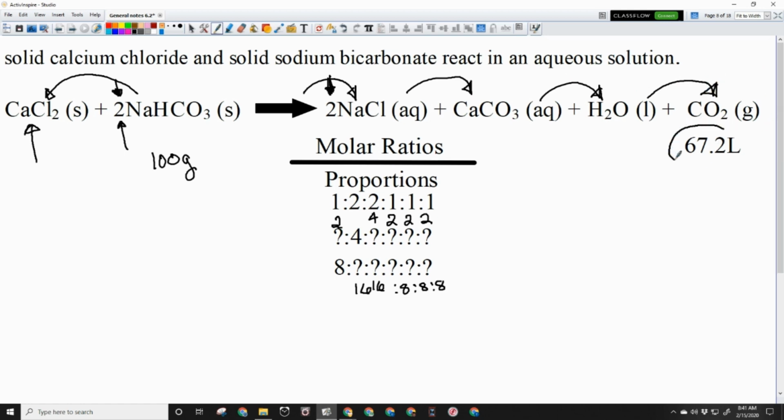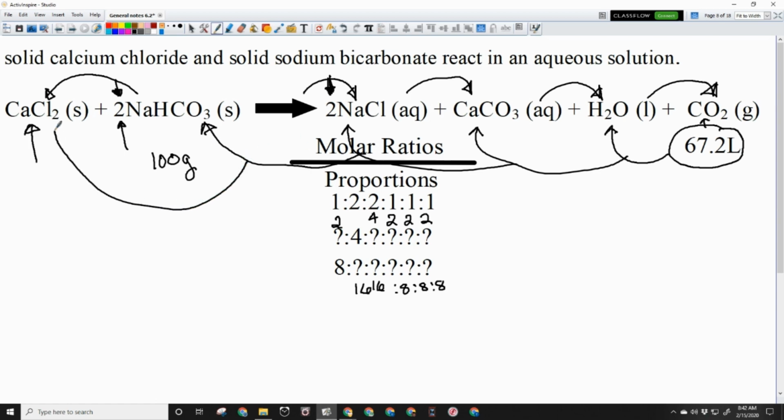Just like here, if I know I got 67.2 liters of carbon dioxide, I know how much water I got, how much calcium carbonate I made, how much salt I made, how much sodium bicarbonate I'm going to need, and how much calcium chloride I'm going to need.